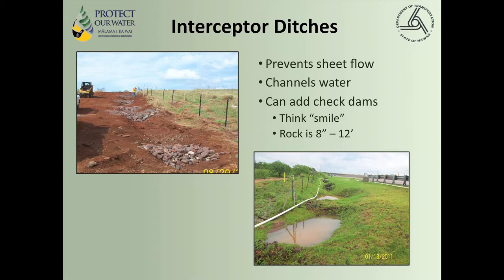When you install these check dams anywhere on your project, you need to think smile. They need to be lower in the middle than either side. You want to slow down the water and channel it. In fact, these work so well at the top of slopes, DOT decided to retain them, so they are still there today.